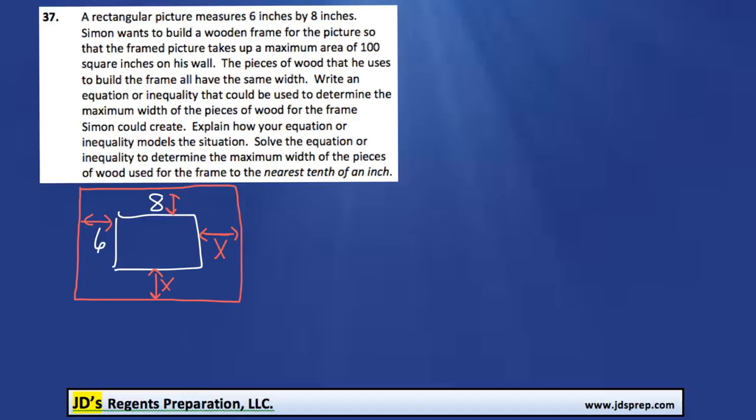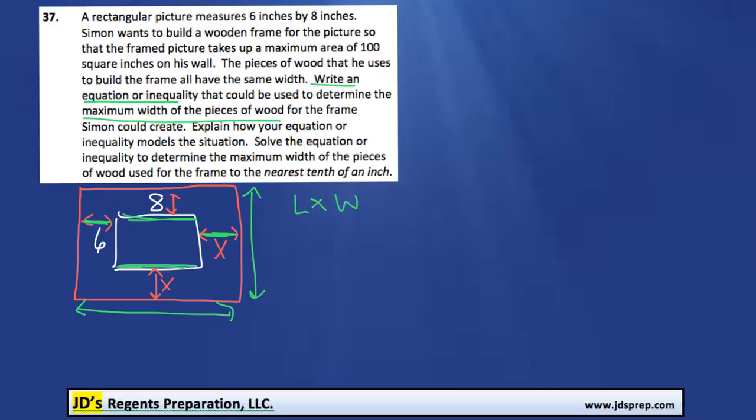When we're asked to write an equation or inequality that could be used to determine the maximum width of the pieces of wood, of course, to find the area of this entire thing, we're going to multiply the length times the width. We know the length here is 8, but adding in the frame, we have to add 2 x's, one on both sides.